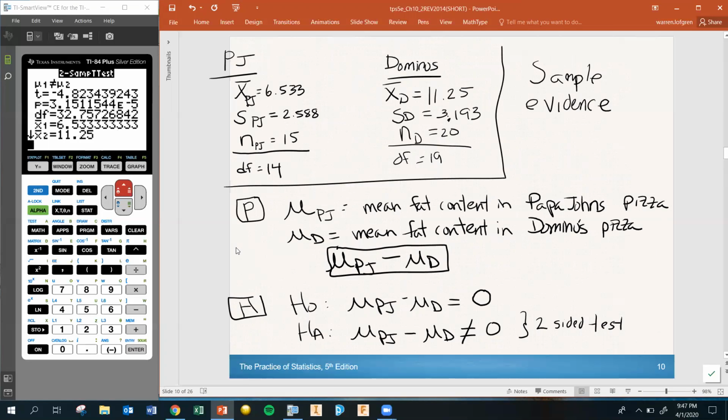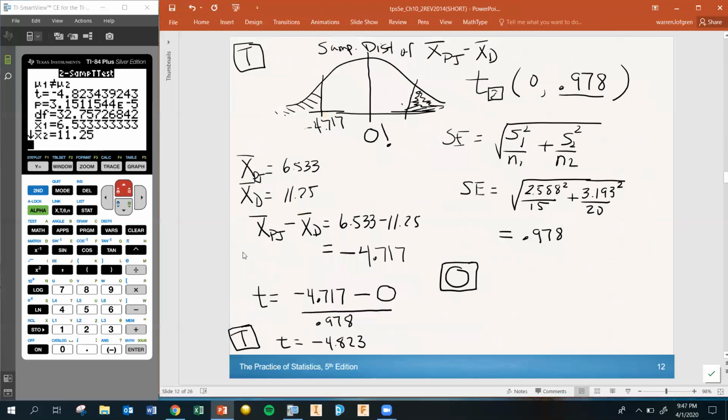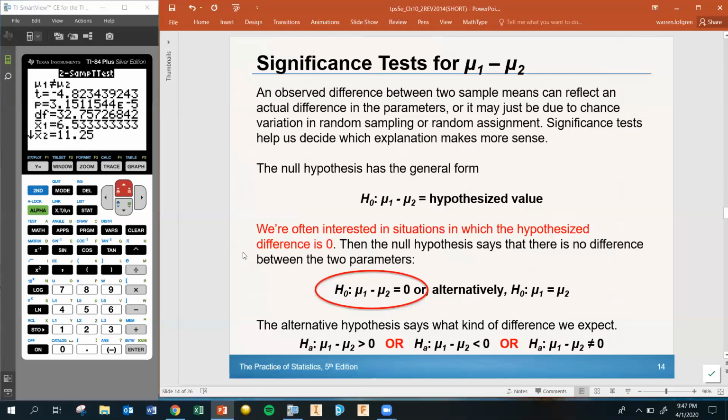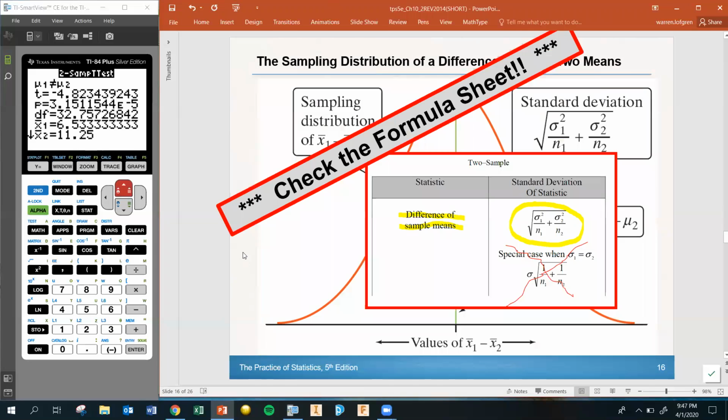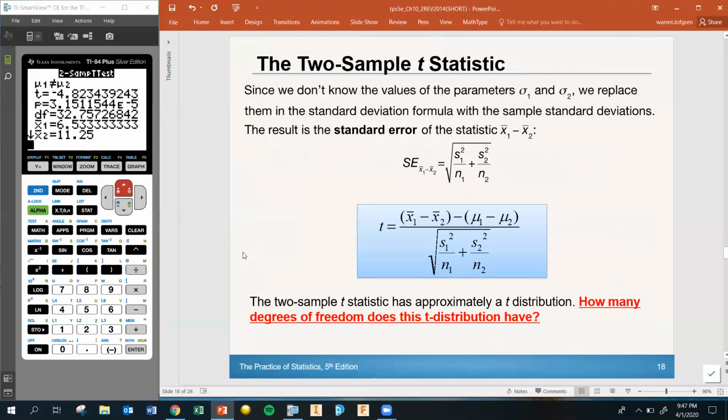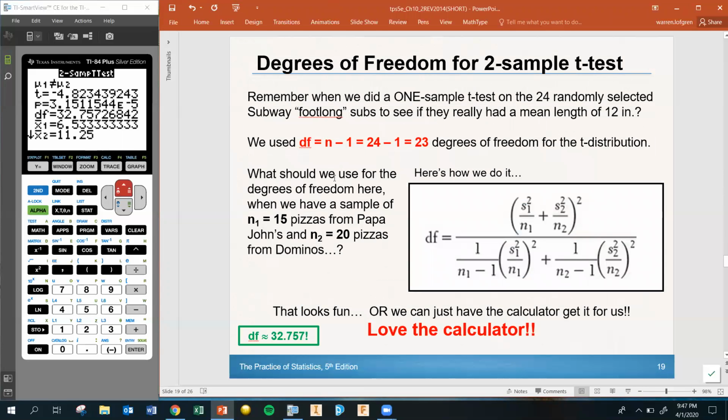So how does the calculator get that? Well, I'm going to scroll through a couple of slides and have you see it. Close your eyes because this is going to be scary nasty. Next one. Here it is. To get the degree of freedom, the calculator is actually using this formula. Yeah, it is massive and it's nasty.